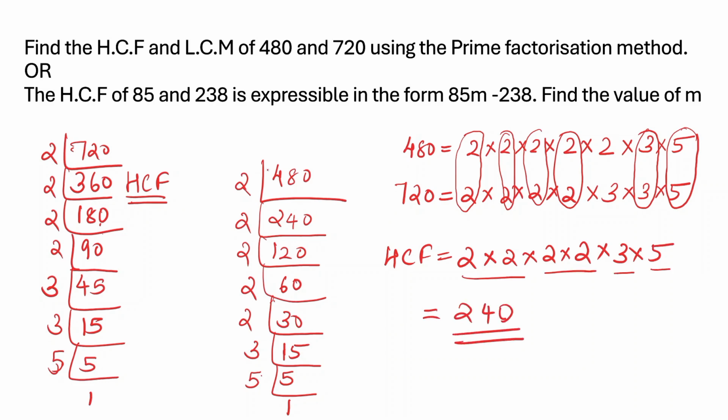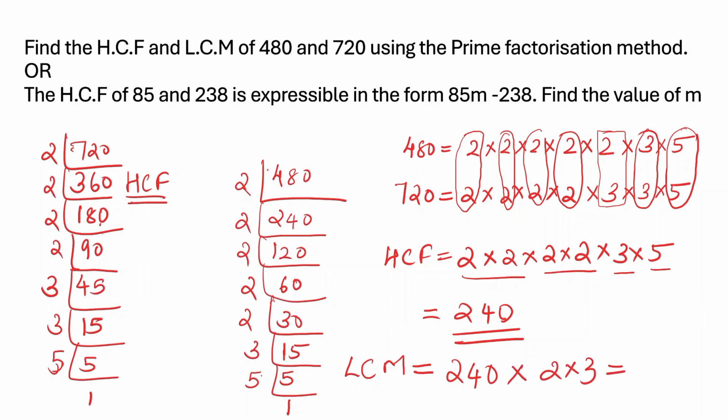So this is the LCM. Sorry, this is the HCF. So from here itself we can do the LCM without doing any further calculation. We can take the numbers without a pair also, 2 and 3, in addition to this 240. That means 240 is already there, and we can take 2 and 3 also.